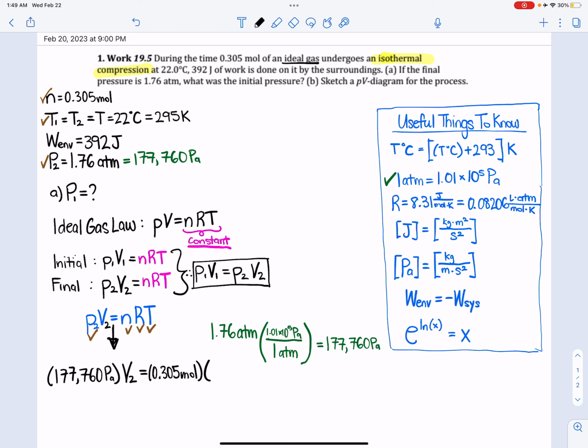R, which R would I want to use? I have Kelvin, I have moles, I have pascals. I'm going to go with joules over mole times Pascal. Okay, so I'm going to use 8.31 joules over mole times Kelvin. Did I say Pascal? I meant to say 8.31 joules over mole times Kelvin. All right, and my temperature doesn't change. It's 295 Kelvin.